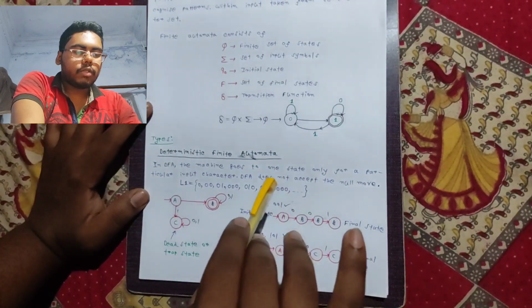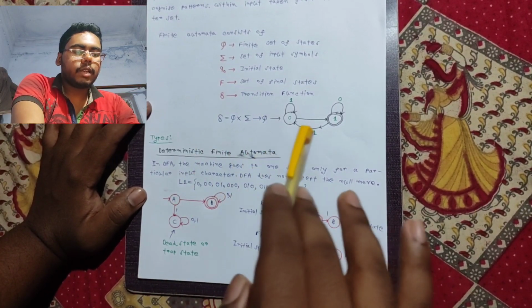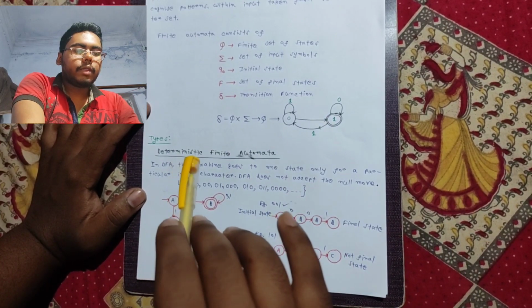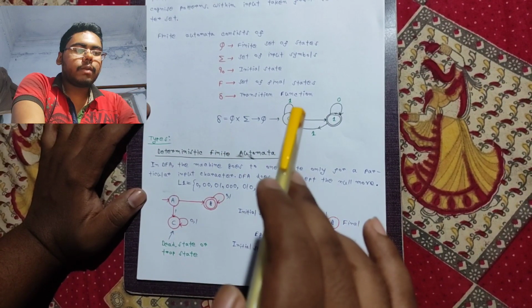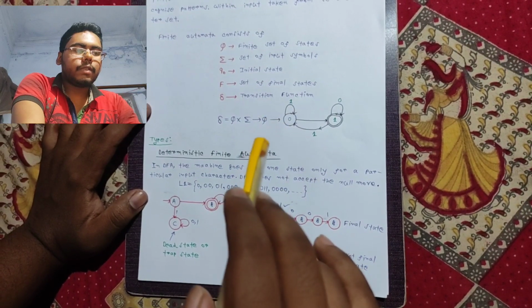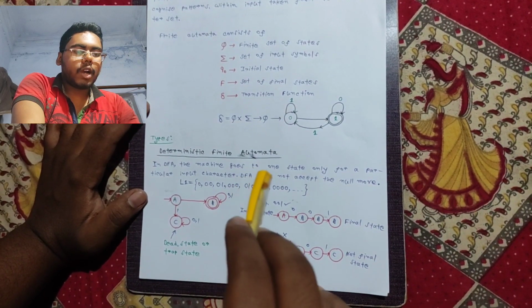In deterministic finite automata, for a specific input character, we know the final output. For a specific input, there is only a specific output state.